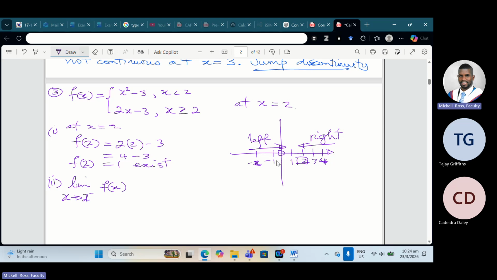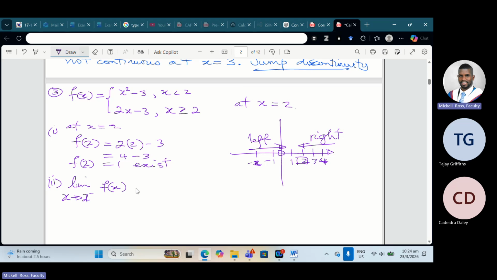If I am approaching 2 from the left hand side, those numbers are less than 2. Which function has values that are less than 2? See it here, where x is less than 2, you're using this function. That's why, every time I'm doing the question, I use this information right here, so you can see whether we're approaching from the left hand side or the right hand side.